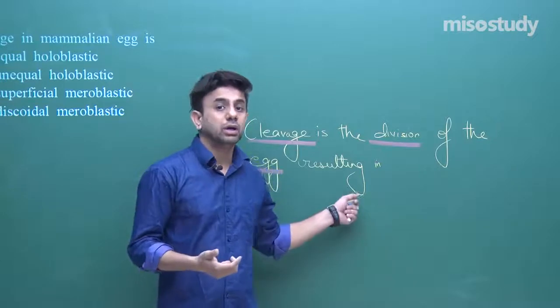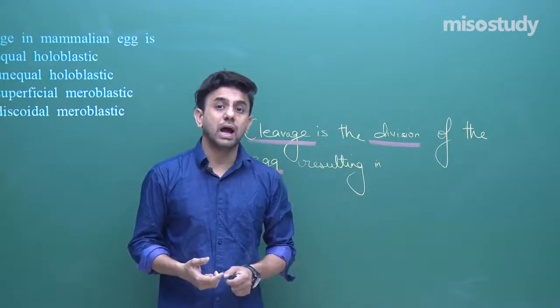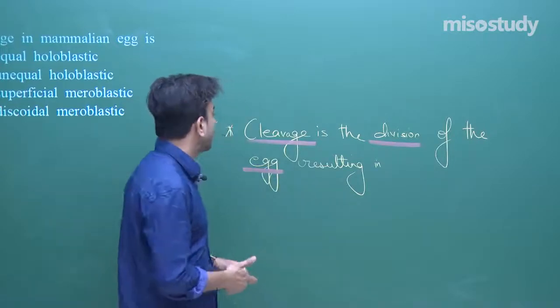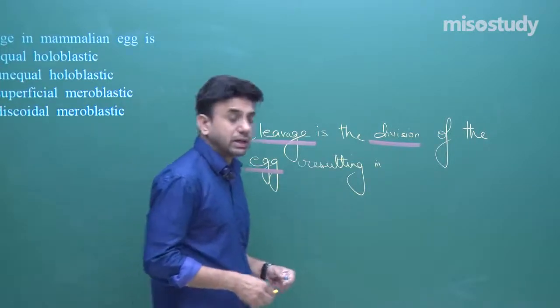Cleavage can be unequal, and the first cleavage takes place 30 days after fertilization. So cleavage is the division of the egg resulting in growth.